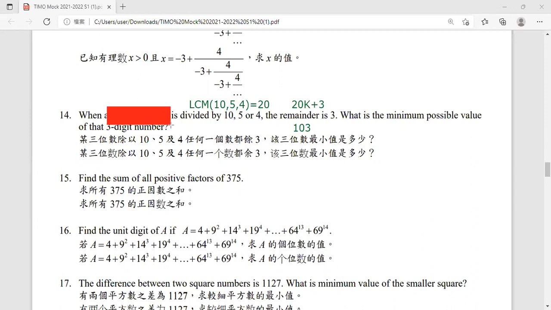Or maybe if you are not clear enough, I will just omit this one first. If any number can be divided by 10, 5, and 4, this number can also be divided by their LCM.